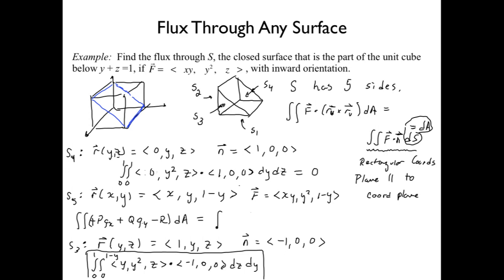So here we go. P is xy, gx is the partial of that with respect to x, 0, times 0, plus Q is y squared times gy, which is -1, minus R, which is 1 minus y, dy dx.